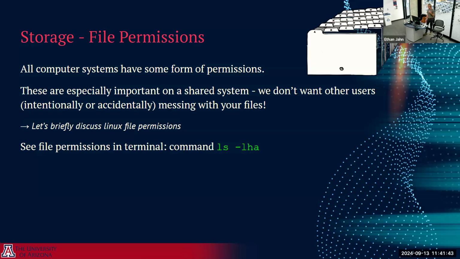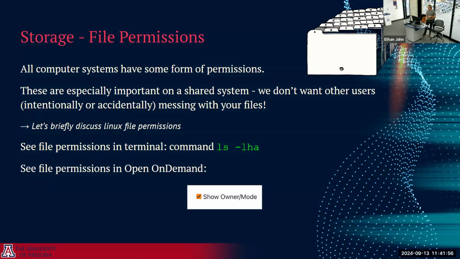So we have to think about how Linux manages its file permissions. If you want to view file permissions for all of the items in your current working directory, you would issue the command ls with the options -lha. And if you want to see file permissions on Open OnDemand, you can click this button that says Show Owner Mode within the file management browser.